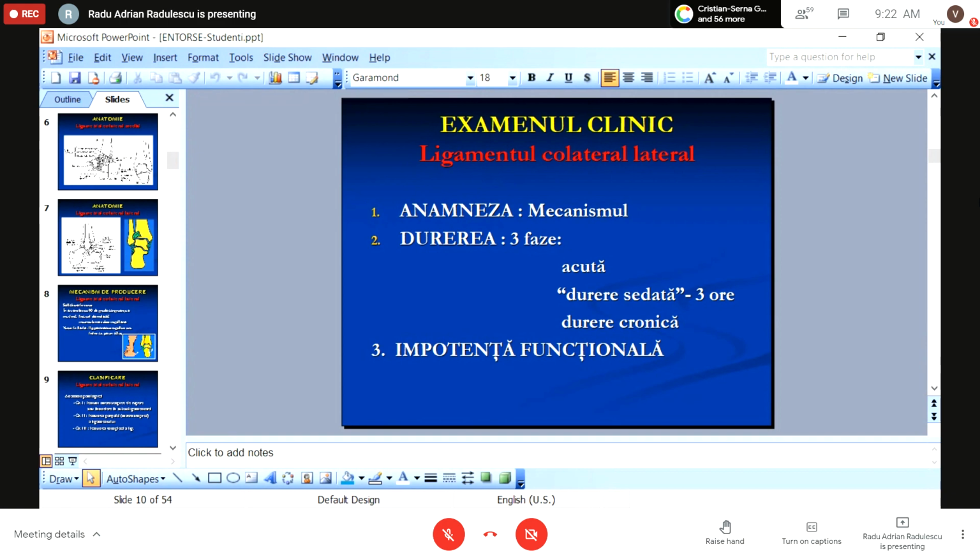And surprisingly, without administering any medication to the patient, this acute pain will diminish after that period of time and will lead to a so-called sedated pain, which is a slight pain, much less intense than the first one, which may last about 3 hours.